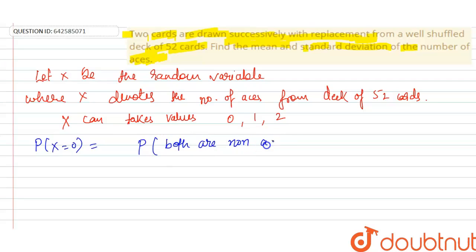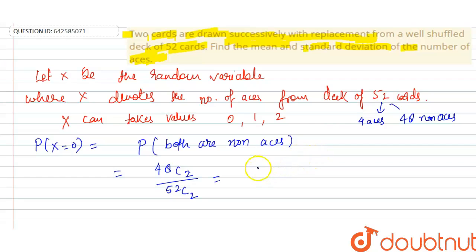Since there are 4 aces, there are 48 non-aces. So 48C2, taking out 2 cards from 48 cards, upon 52C2.